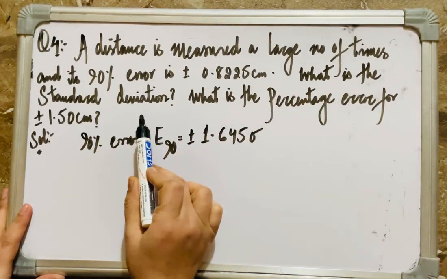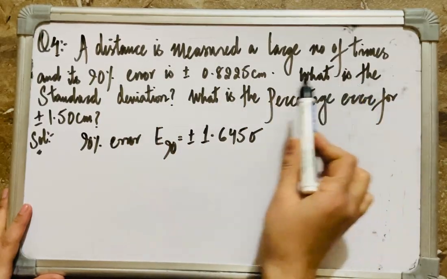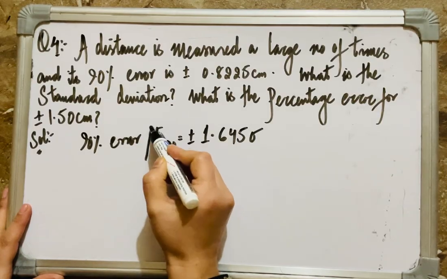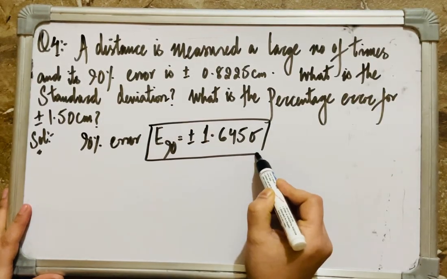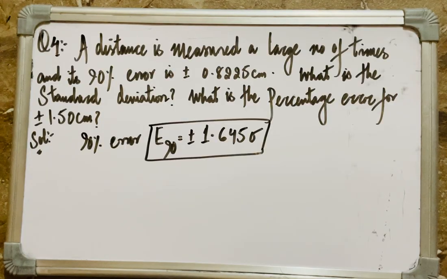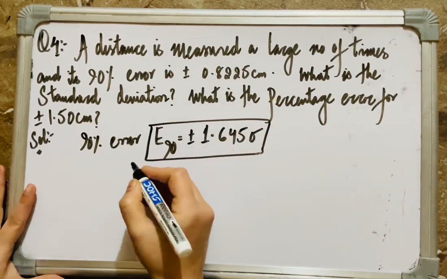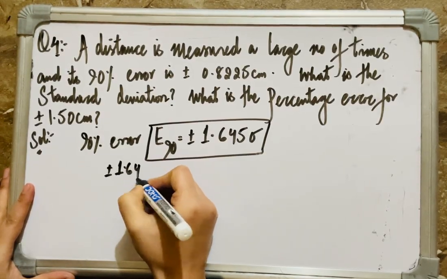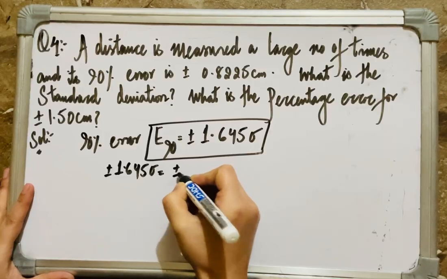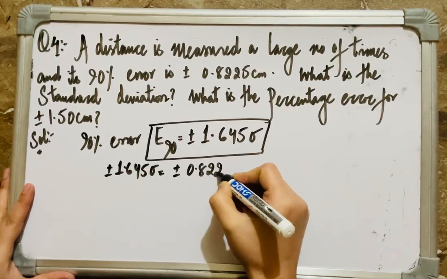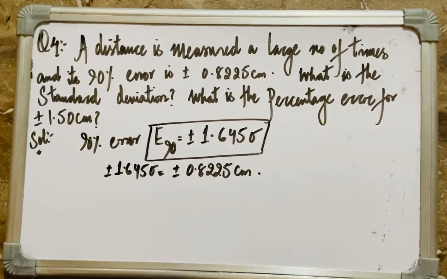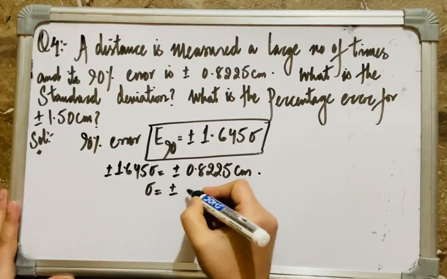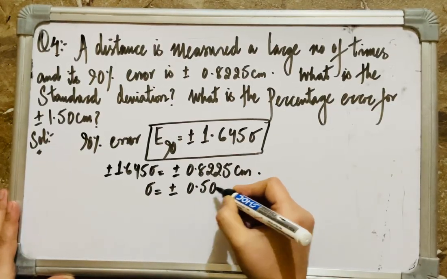We have to calculate the standard deviation. A distance is measured a large number of times and its 90% error is given. By the expression, my E90 or 90% error is plus minus 1.645 times the standard deviation. But in the question it's given that plus minus 1.645 sigma is equal to plus minus 0.8225 centimeters. So the standard deviation by calculations is equal to plus minus 0.50 centimeters.